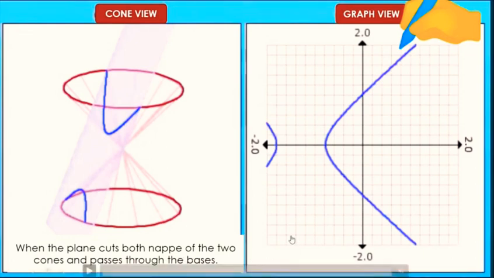Now we have observed that when the plane cuts both nappes of the two cones and it passes through the bases, then the figure being formed is what we call a hyperbola.